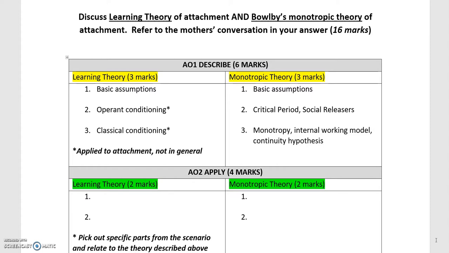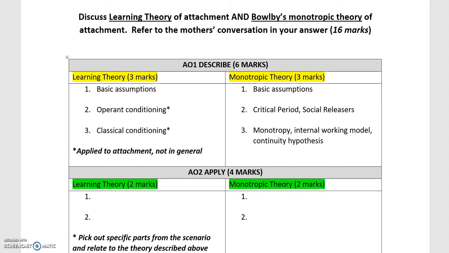But of those 5 terms, critical period, social releasers, monotropy, internal working model, continuity hypothesis, mentioning at least 3 of them will give you your 3 marks for description for that theory. So if you've done that, that's 3 points of information for learning, 3 points for monotropic.